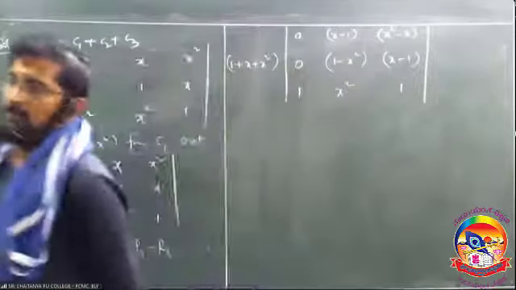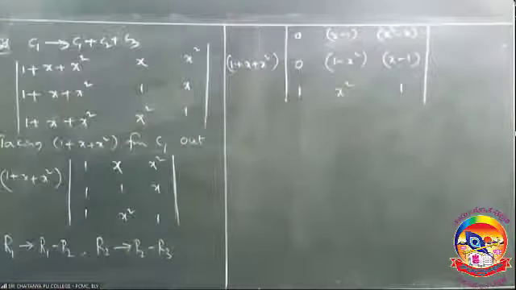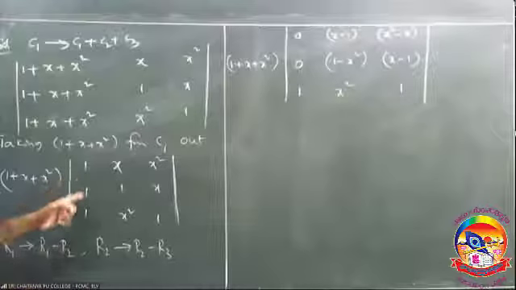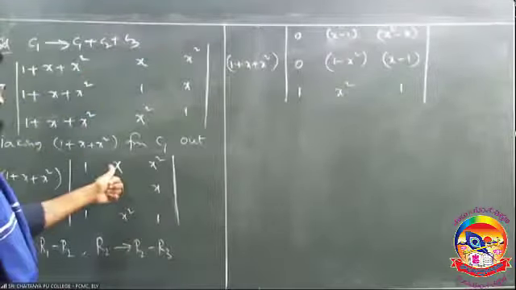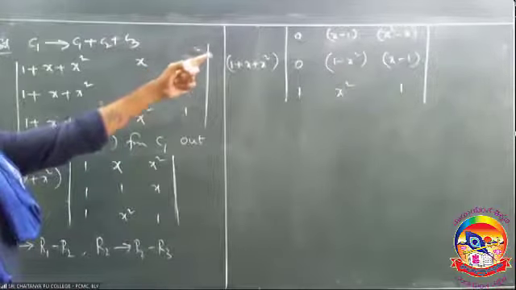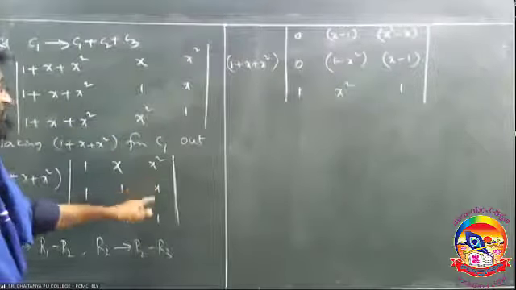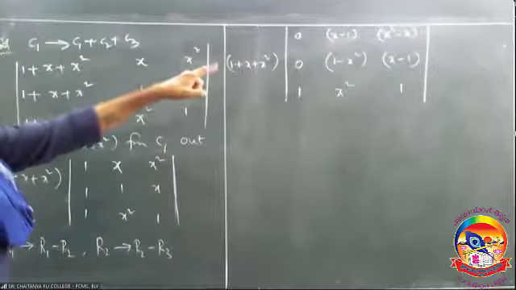Okay, now observe, I am repeating this step. R1 changes to R1 minus R2. R1 minus R2 value is 1 minus 1, 0, the first element. x minus 1, the second element, right? x square minus x is the third element, right?